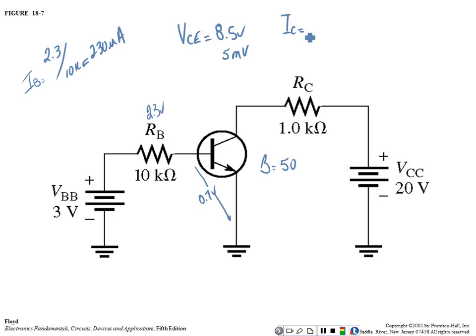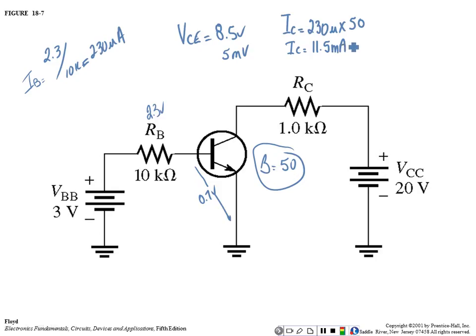Then IC would be equal to 230 micro times 50, which is the beta that I gave you. So what would IC be equal to? Yeah, 11.5 milliamps, which should be half of what we had a while ago.